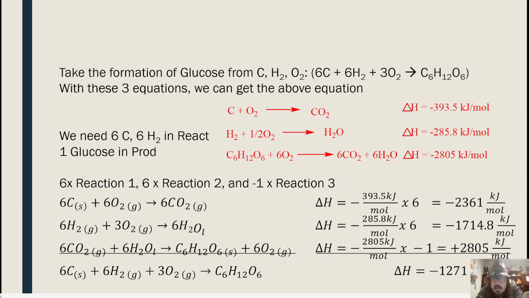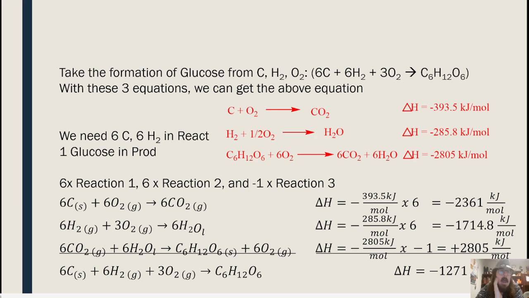Glucose is a product in the above reaction. Glucose is a reactant in the combustion. So with that in mind, we need to reverse the bottommost equation. And so by reversing it, I get 6 water and 6 CO2 forms glucose and 6 oxygens. And we reverse the sign, so instead of being exothermic, it's now endothermic.